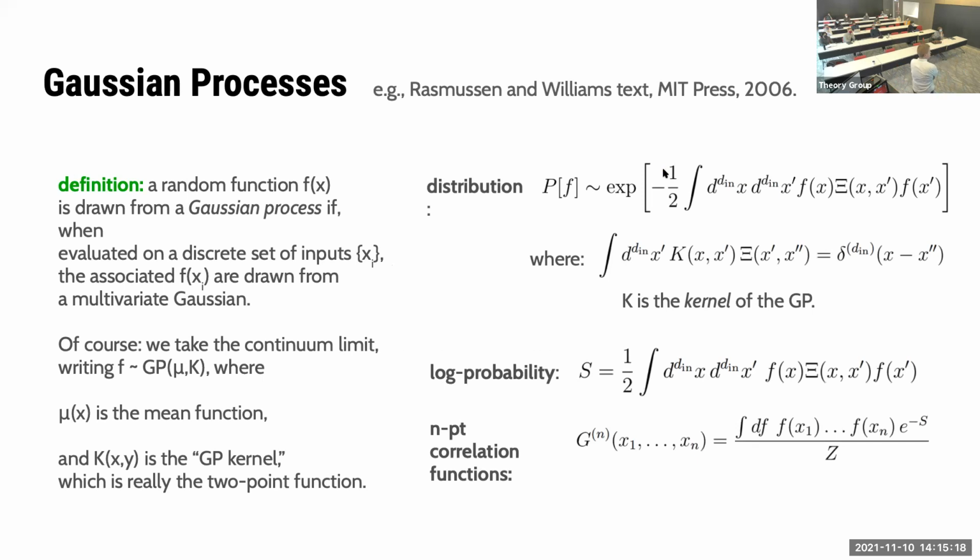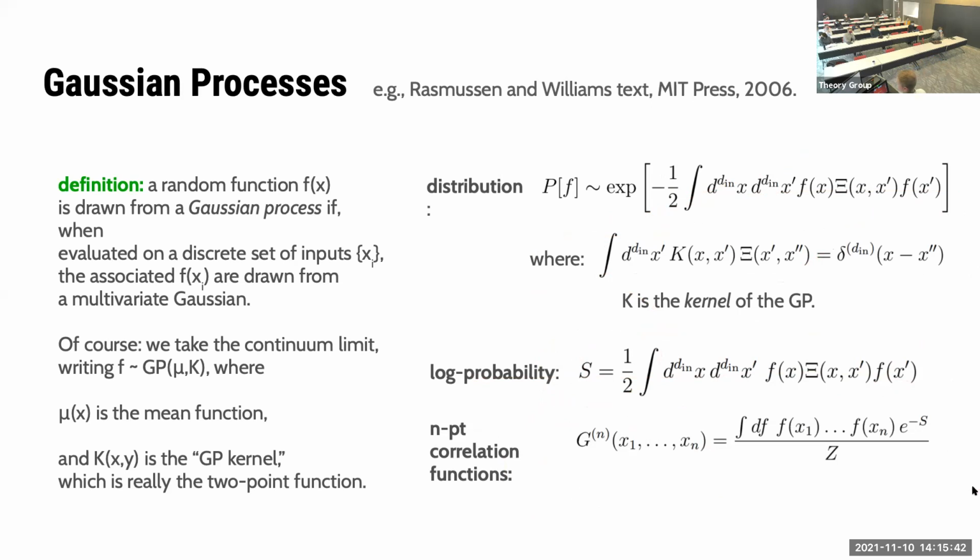In our language, it's the 2-point function. The distribution in general looks something like this, and it satisfies this inversion relation where k is the kernel of the GP. The log probability is what we would call the action, and n-point correlation functions you can think of as computing in function space this way, or alternatively, you can compute them in parameter space this other way.